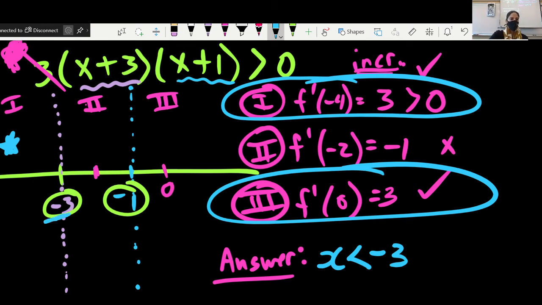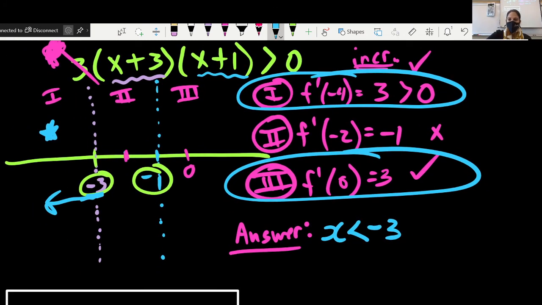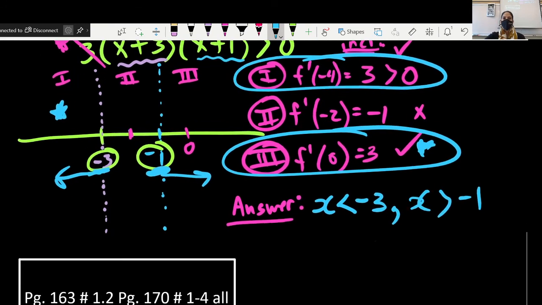So talking about this part, like in that direction. Is that making sense so far? And then also, I could say, if I'm looking at this portion here in region 3, well, it started here at -1 and it's going in that direction. So where x is greater than -1, it's also increasing in that region.